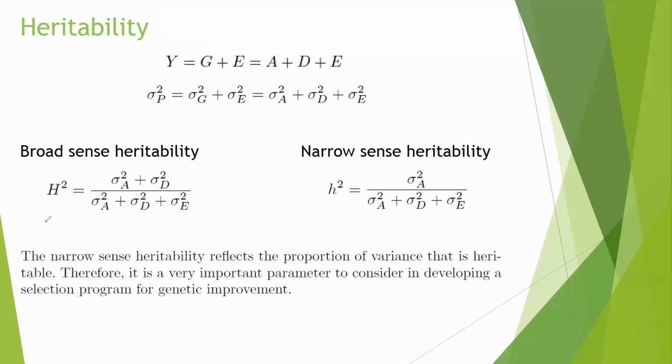If you compare this formula, you're going to see there's only one term in the numerator, which is the variance due to the additive genetic effects. So this is the narrow sense heritability, which is often used in the breeding program.